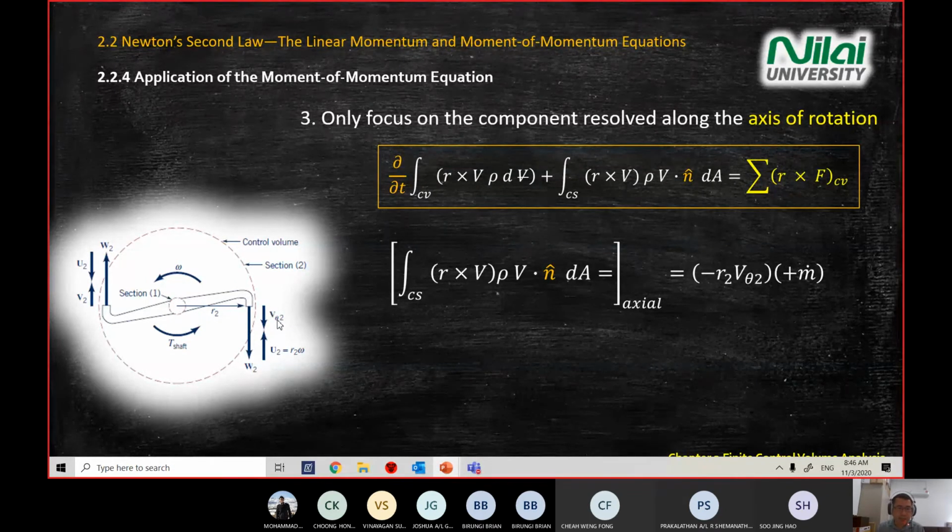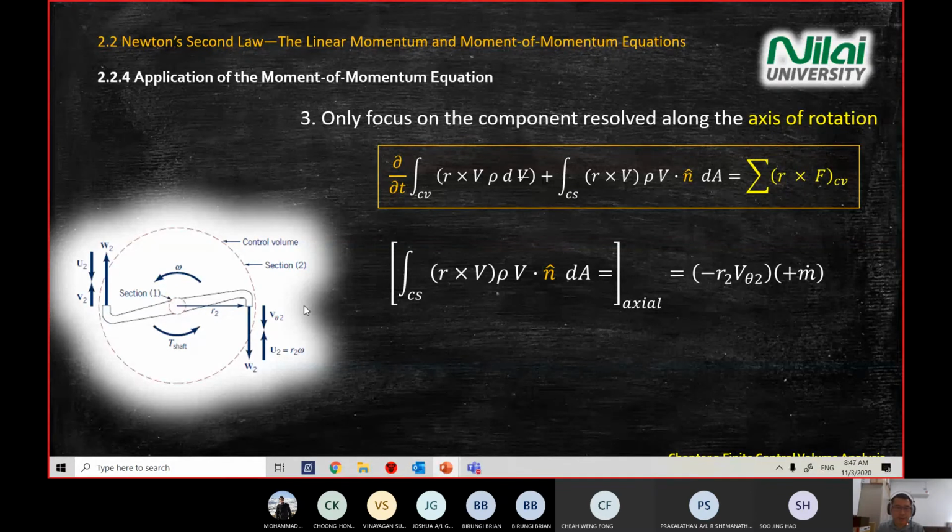Theta 2 means angular speed, right? The speed of change in the angle. That's why we use the subscript theta 2 here. 2 means section 2. This is our section 2. Section 1, section 2, times our m dot. M dot is positive.